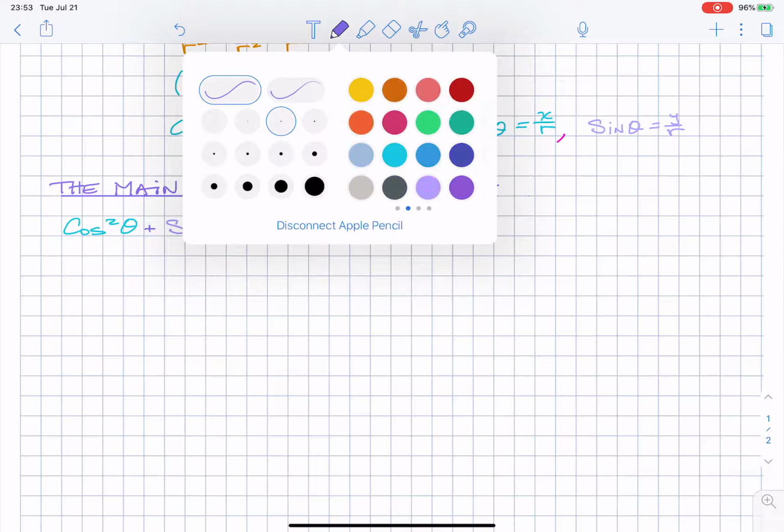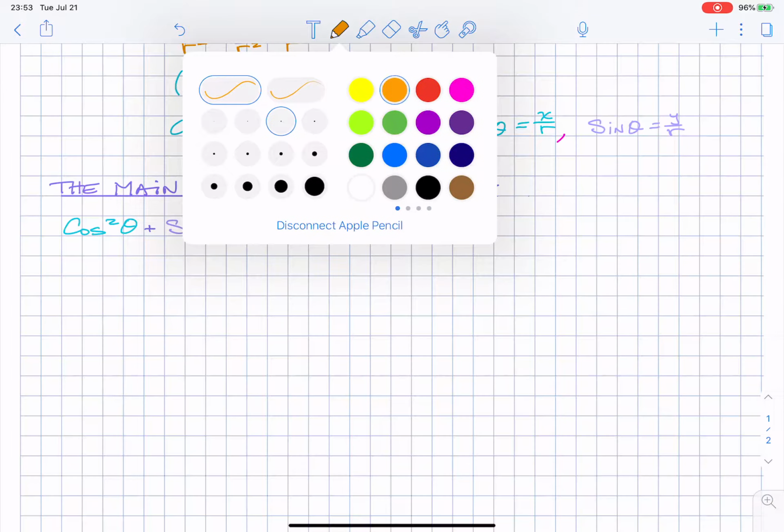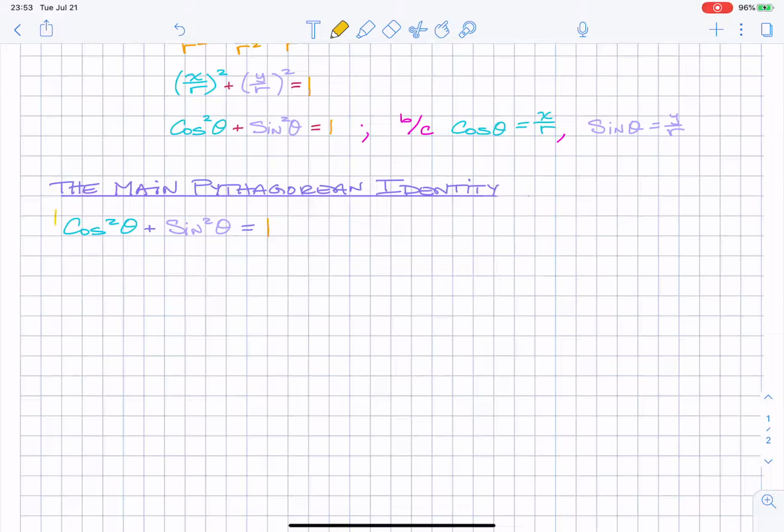Trying to color code it. So this is the main Pythagorean identity. This is the most important one in this whole course. So I'm going to put a box around it so we know to remember this one. If nothing else, we need to remember this: cosine squared theta plus sine squared theta is equal to 1. It's very important.